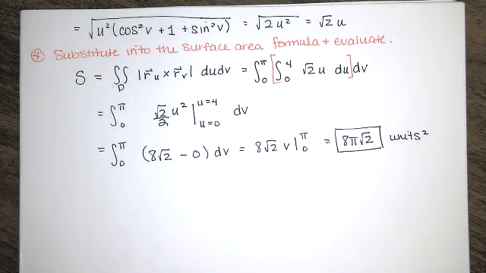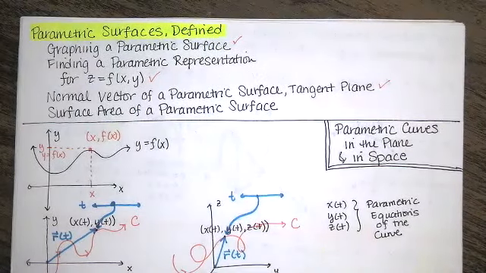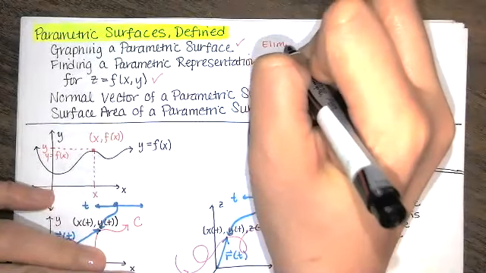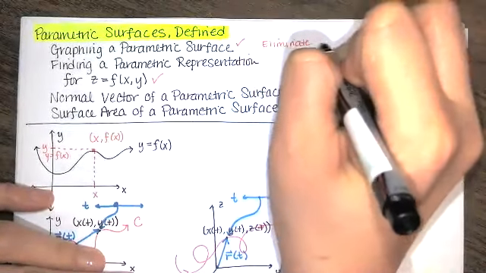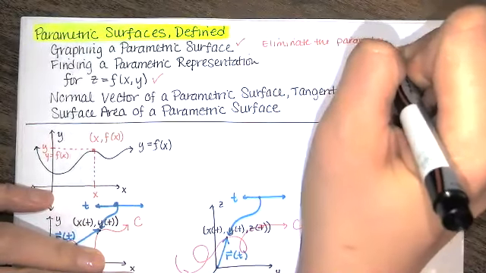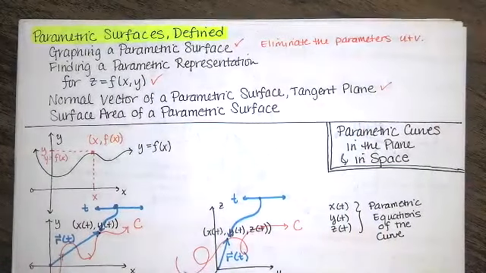Okay, so let's briefly review everything we just talked about. Want to graph a parametric surface? The way you do it is you eliminate the parameters u and v. And the way that generally works is you solve the equations for u and v, and then you substitute into the other equations until you get rid of all the u's and v's and you just have x's, y's, and z's.